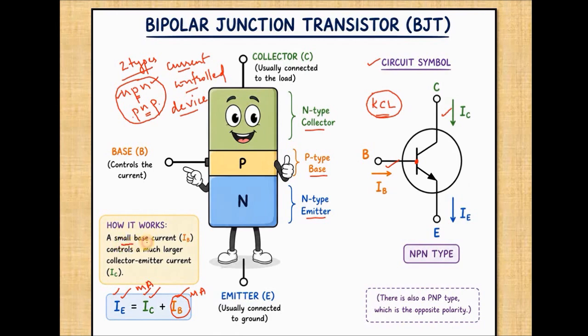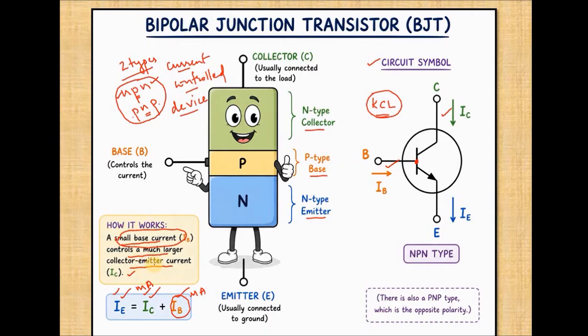Well, a small base current controls a much larger collector to emitter current. This is exactly the fundamental concept of amplification. A small base current, when it reaches the output side, gets converted to a very large collector to emitter current due to the amplifying action of a transistor.